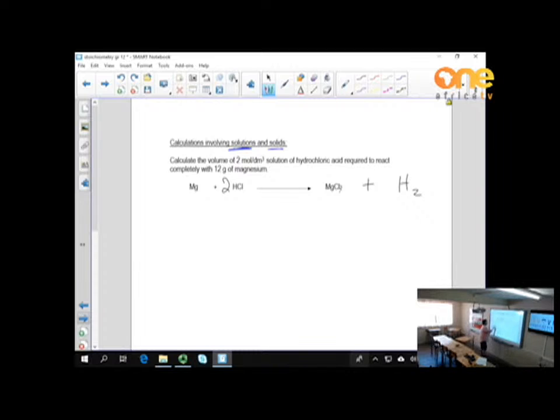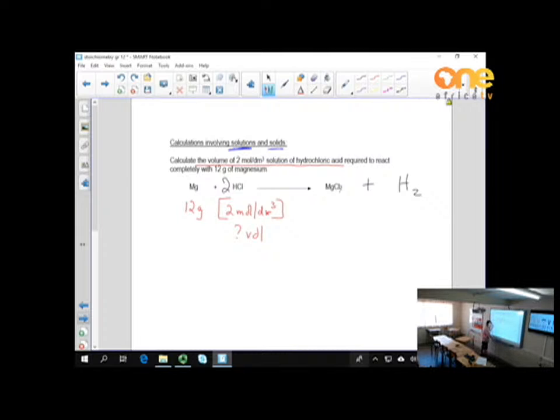Now they say, calculate the volume of hydrochloric acid. This hydrochloric acid has a concentration of 2 moles per decimeter cubed. And they want to know what volume is required to react completely with 12 grams of magnesium.